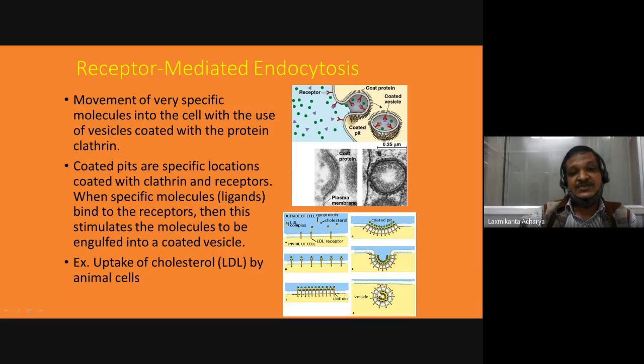Inside the cytoplasm, these clathrin molecules or coat proteins are dissociated, and it forms the early endosome where the pH is around 5.5, or nearly 6, and then it is converted to late endosome where the pH is still less, and it is again merged with the lysosome.